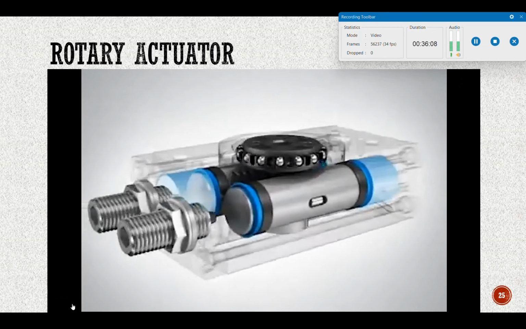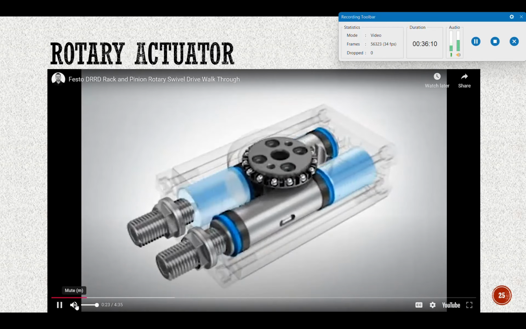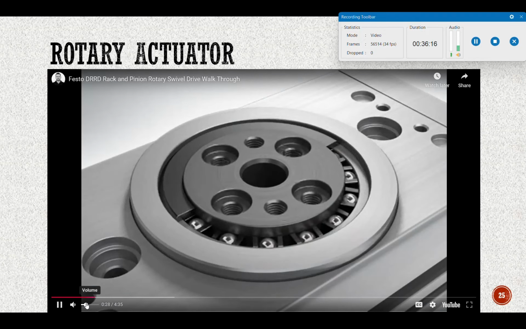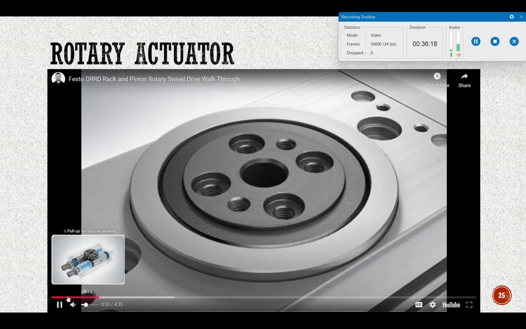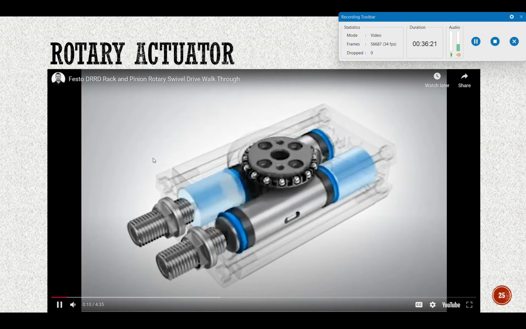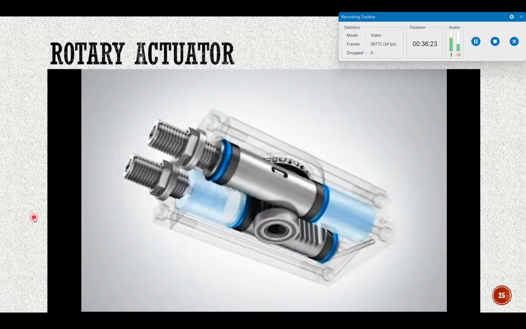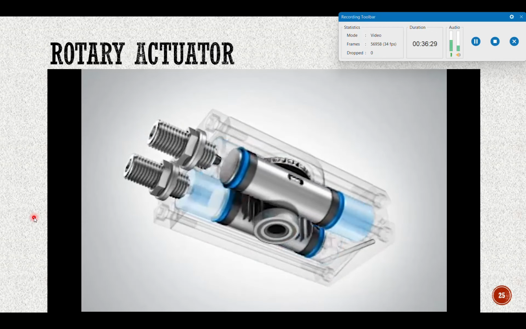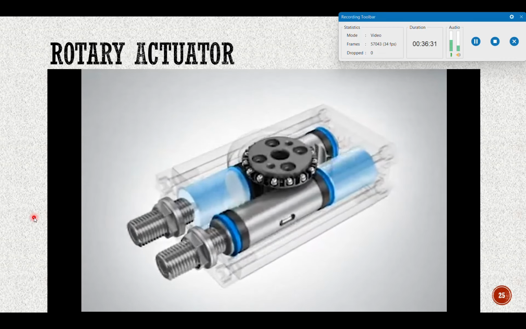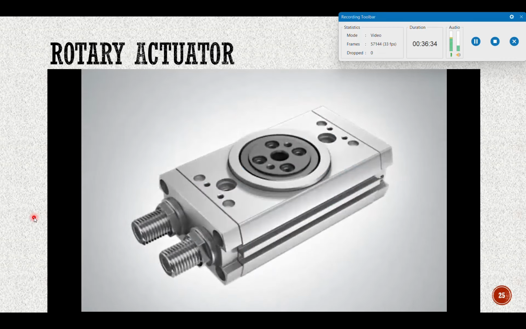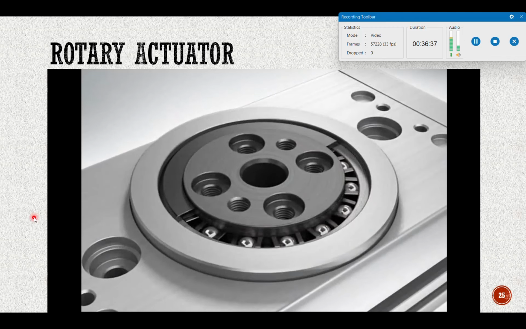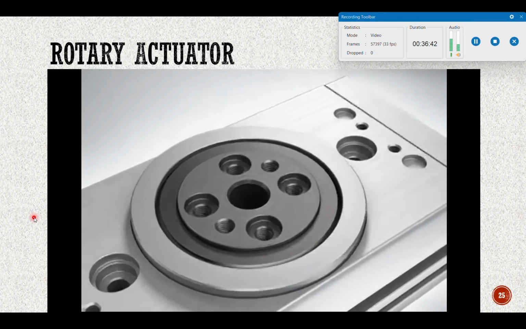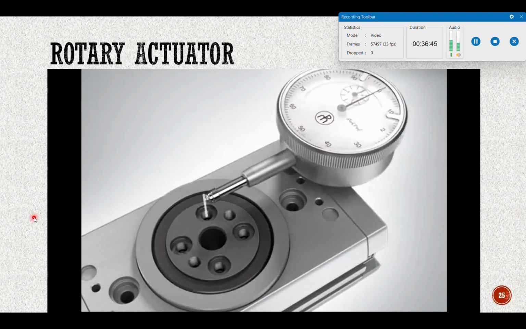We apply the air not simultaneously, alternately, and then we could turn it as well. This one is not spring return, this is a double acting cylinder. Okay, we can easily control it.